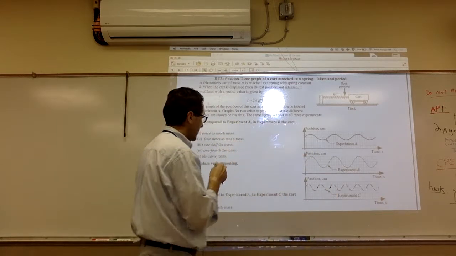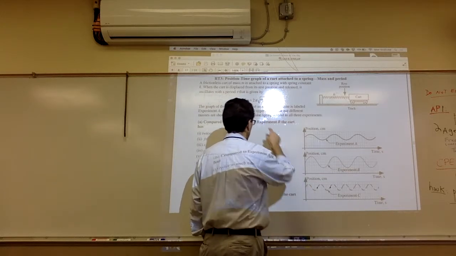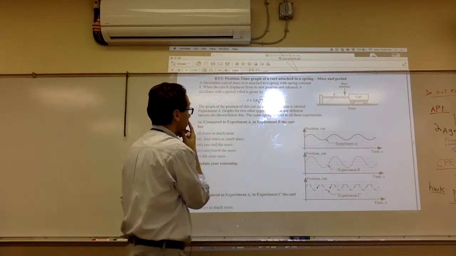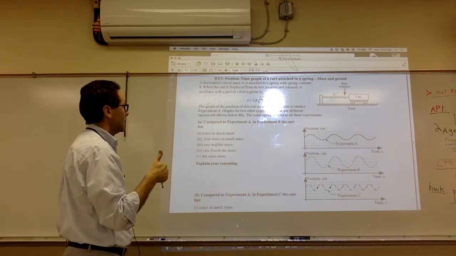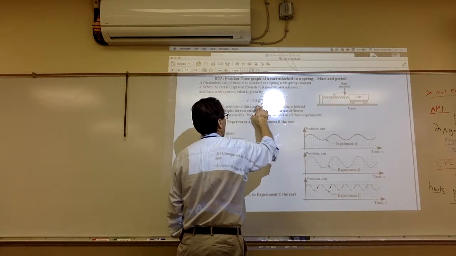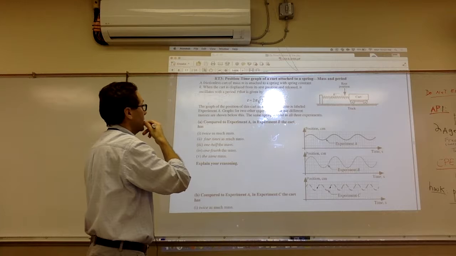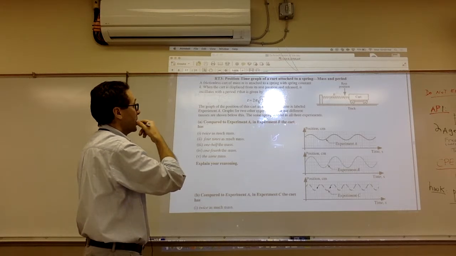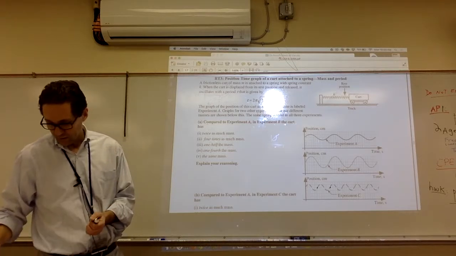So it looks like the period here is just half as much as it was up here. So in order for the period to be half as much, with the spring constant the same, you have to make the mass 1/4 as much, because when you take the square root, you have to come out with a half. So the mass has to be 1/4 as much.